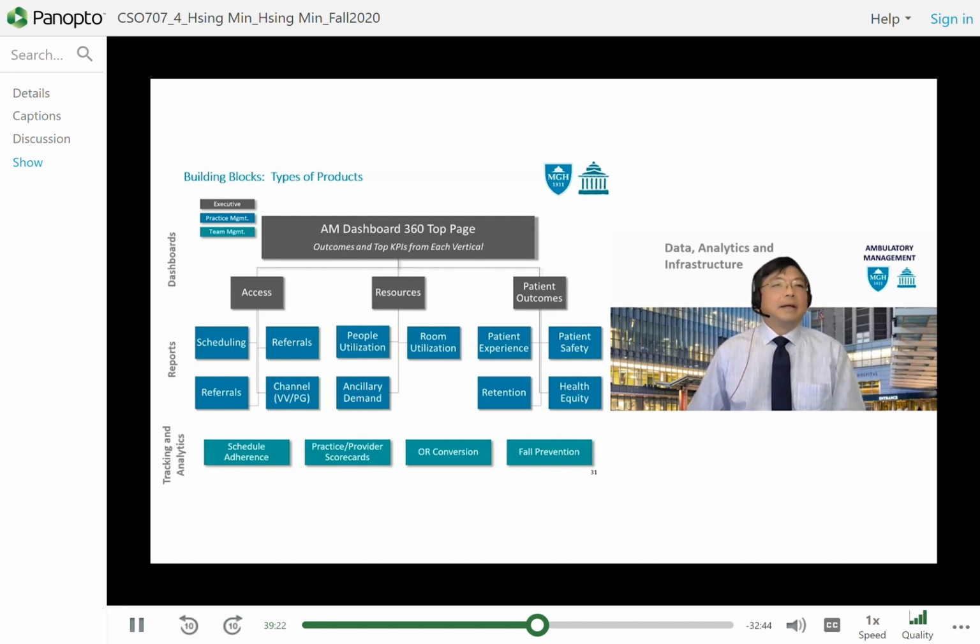The second layer allows managers to drill down to detect problems and avoid problems, and to determine what's driving emerging or potential problems. And then the teal layer on the bottom, we have targeted analytics for tracking interventions.